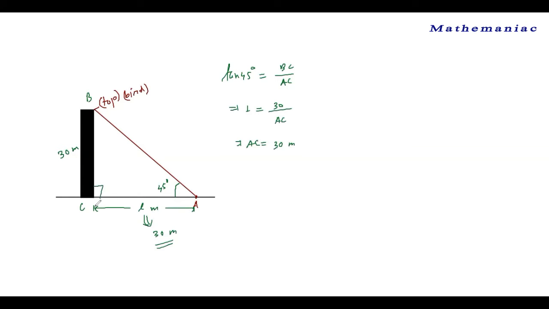Normally, we consider this angle as 90 degrees. Remember it. If it is not told that the building is inclined at this angle or that angle, please note it down. I'm sure that it will not be very difficult to understand. Please note it down.